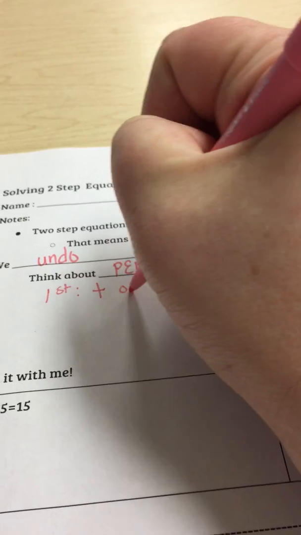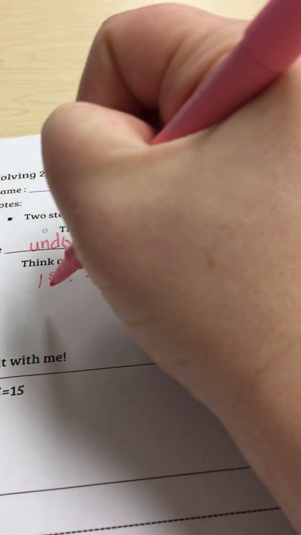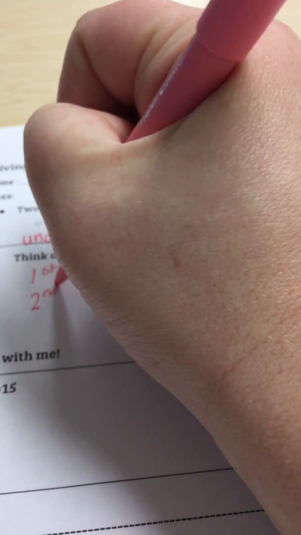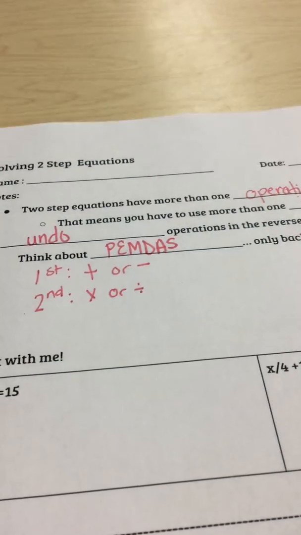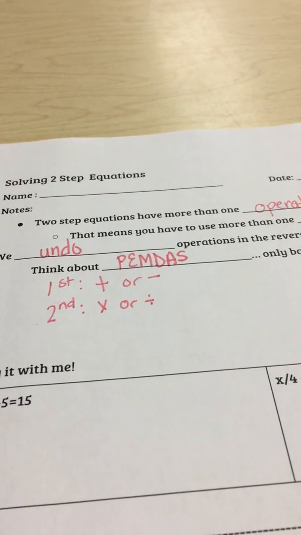So first, we will add or subtract. Second, we would multiply or divide. Exponents would be third.